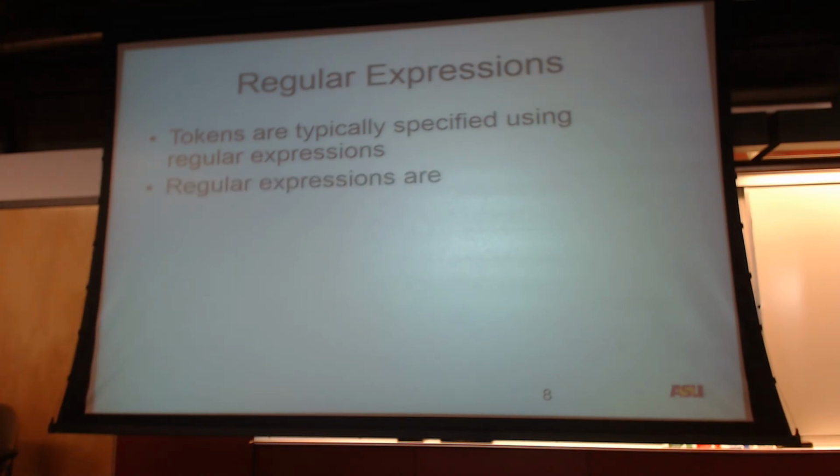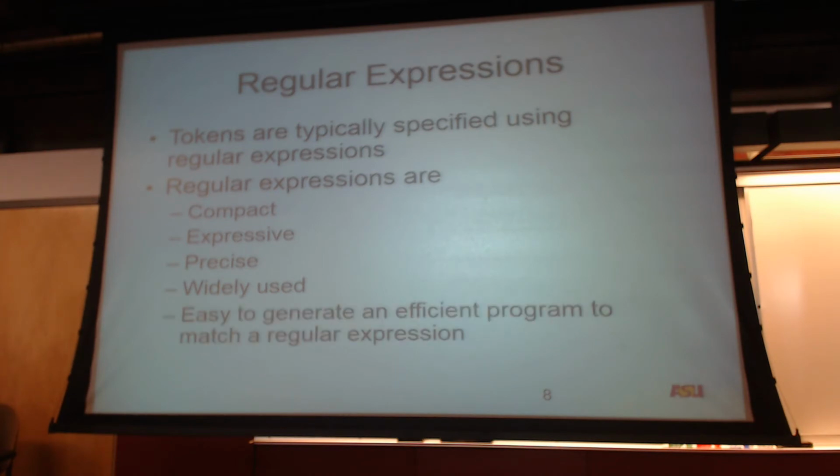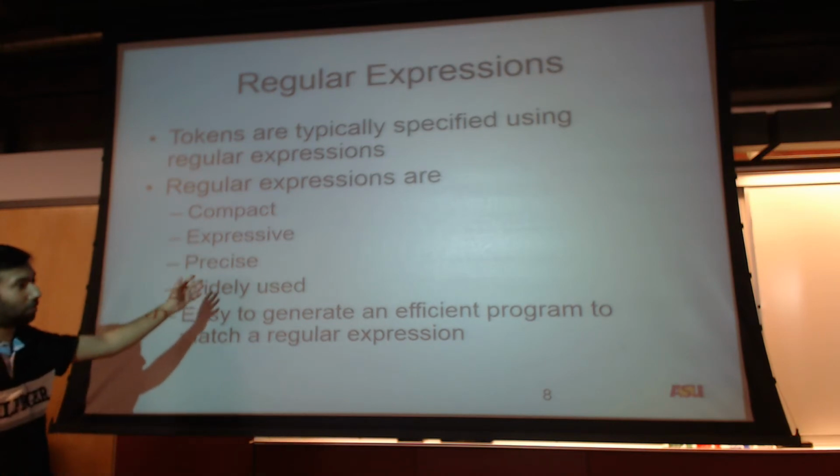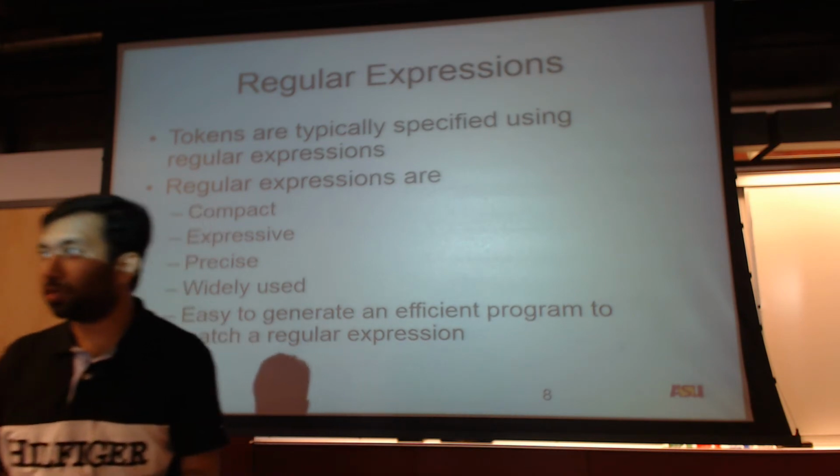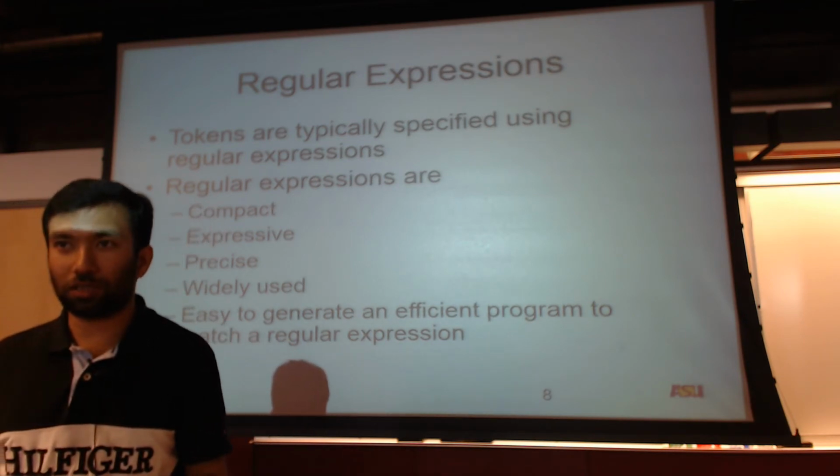They have certain properties. Regular expressions have to be compact, expressive, precise, and easy to generate an efficient program to match. Right now we have no idea what these terms mean, but we will when we talk about regular expressions in more detail.